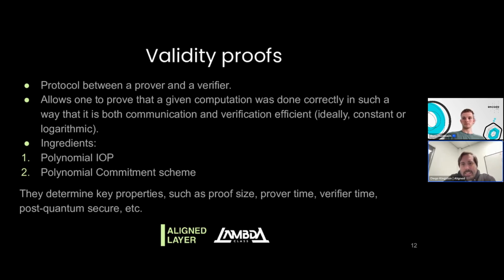And the idea is that the IOP and the commitment determine key properties such as proof size, prover time, verifier time, whether it's post-quantum secure, whether you need a trusted setup or not, some pre-processing and all that. Okay, so the idea is that we have a very large universe of proof systems.